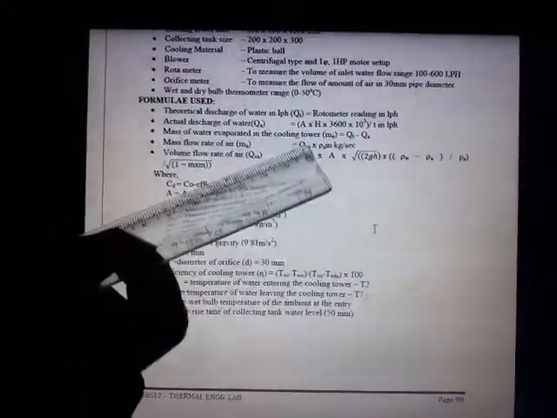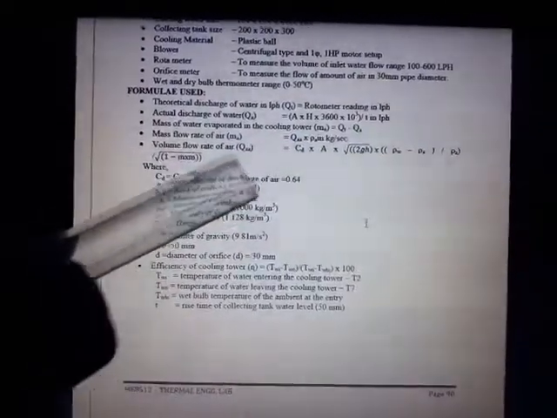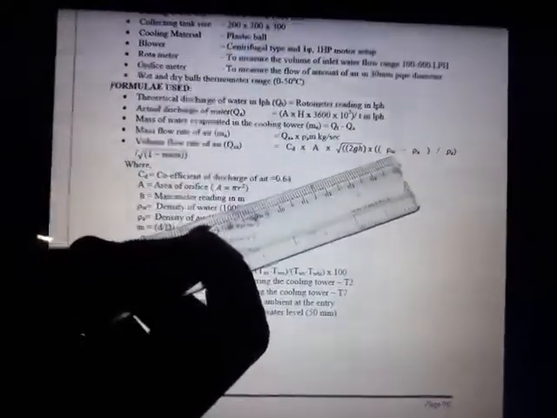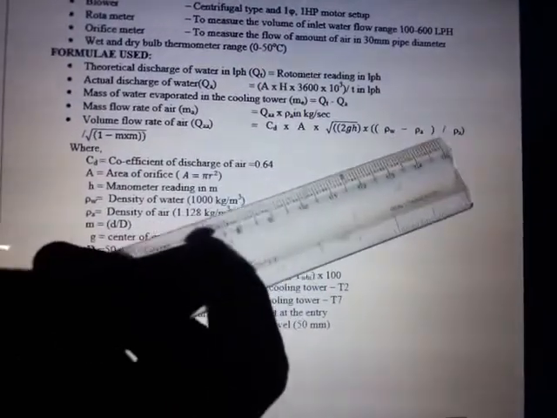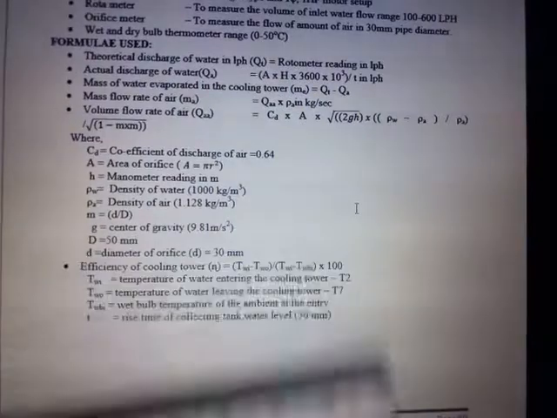Next, the mass flow rate of air is QA into rho A in kg per second. The volume flow rate of air is given by the formula CD into A into square root of 2gH into rho W minus rho A divided by rho A. Here rho W is the density of water, equal to 1000 kg per meter cube, and rho A is the density of air, 1.28 kg per meter cube.